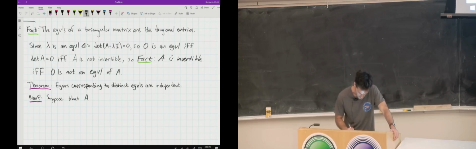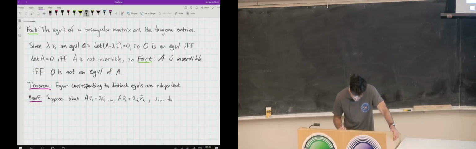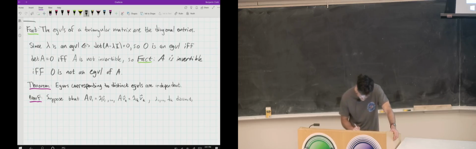Let's say A v1 equals lambda 1 v1, A vk equals lambda k vk, where lambda 1 up to lambda k are distinct. None of these eigenvectors are the same. And v1 out to vk are non-zero.